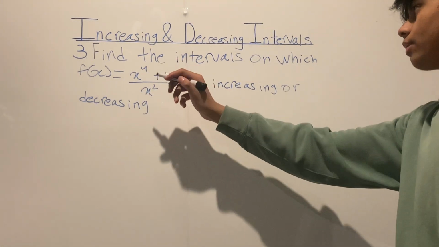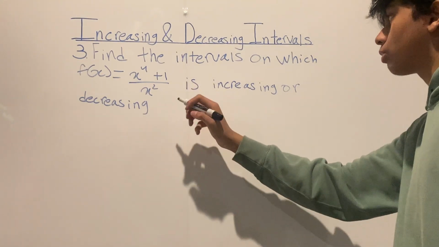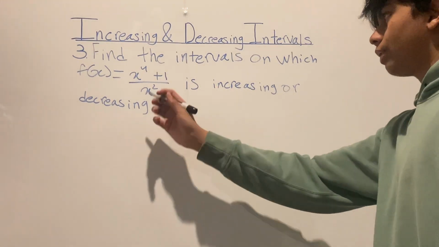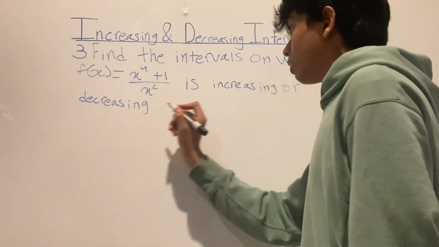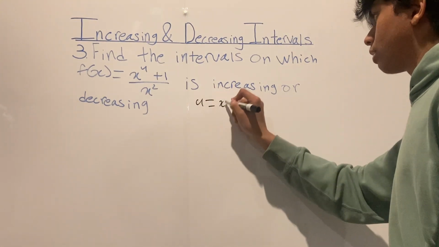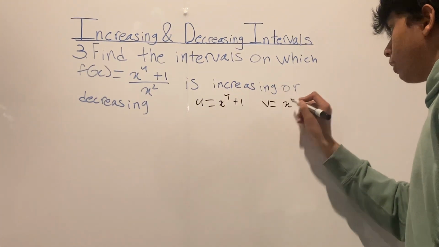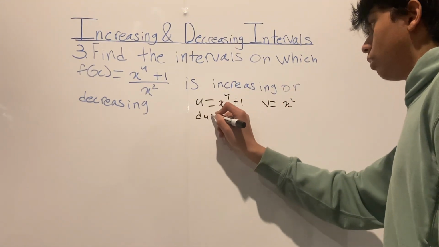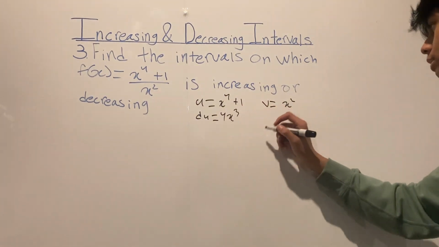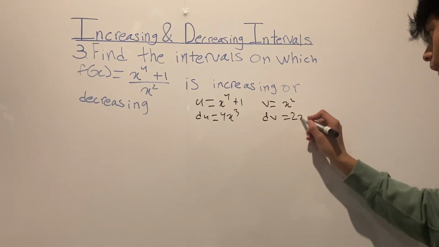Okay, number 3: find the intervals on which f of x equals x to the 4 plus 1 over x squared is increasing or decreasing. To find the derivative, we need to use the quotient rule. Let u equal x to the 4 plus 1, v equals x squared, du equals, using the power rule, 4x to the 3, and 1 is 0 because it's a constant, and dv is 2x.